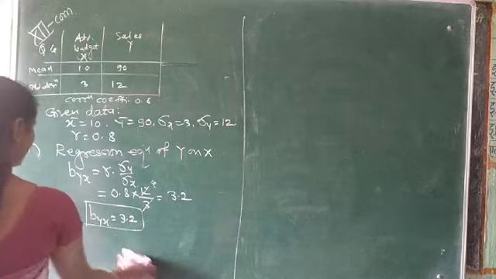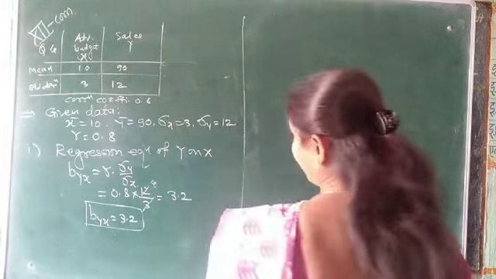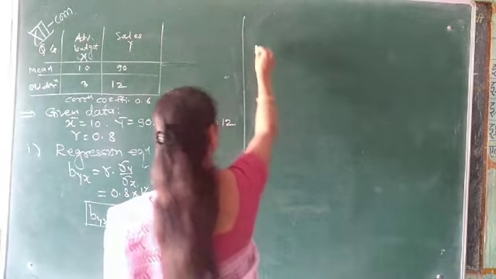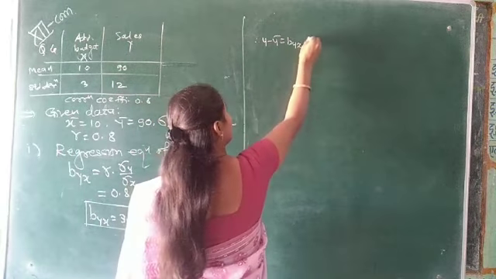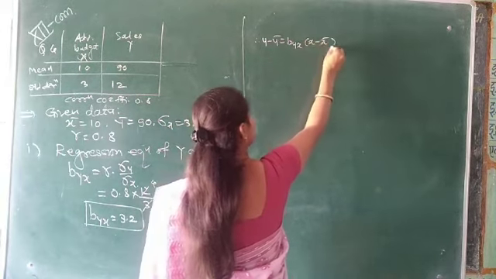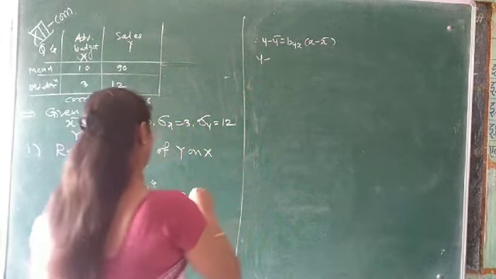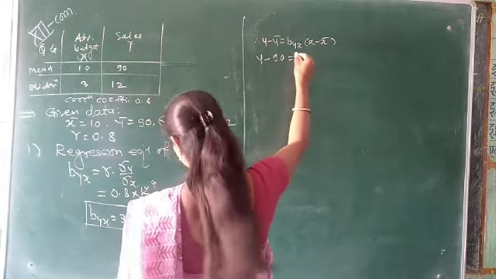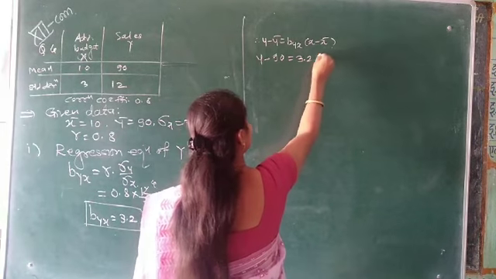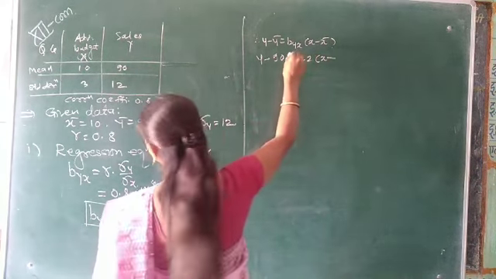So we find the equation of y on x. Since y minus y bar is equal to byx into x minus x bar. Y minus y bar 90 is equal to byx 3.2 into x minus x bar 10.